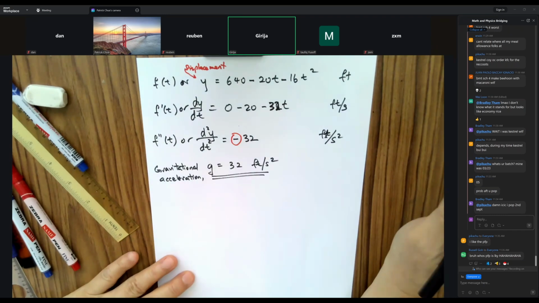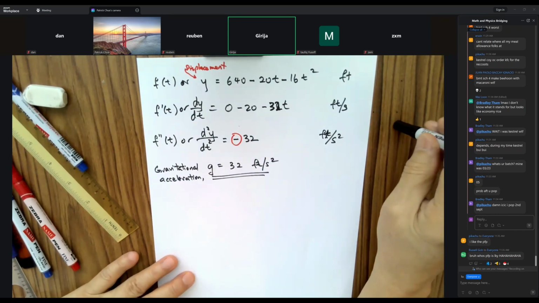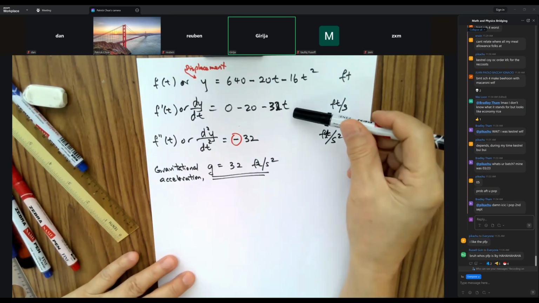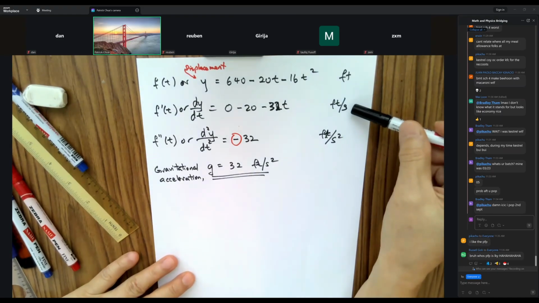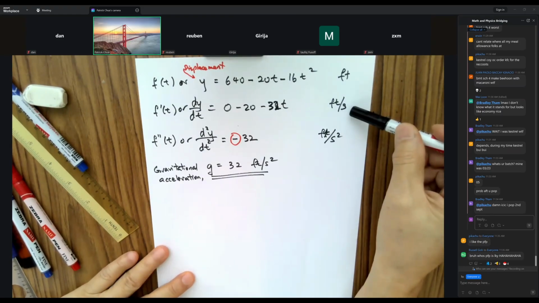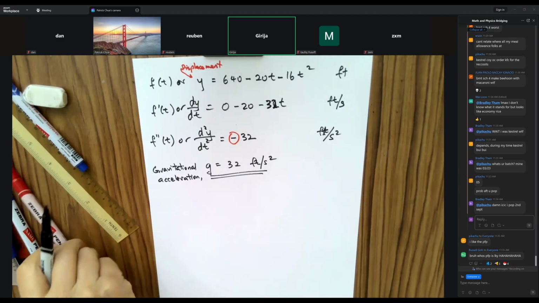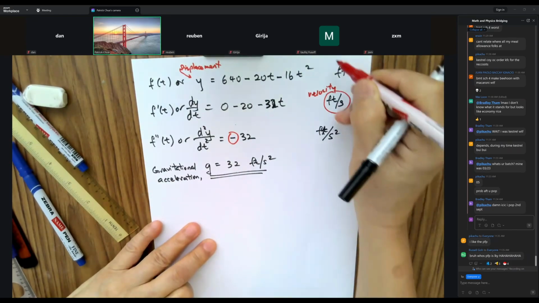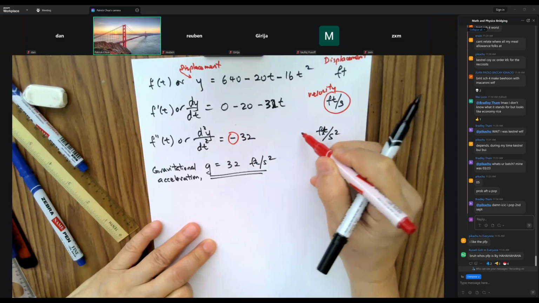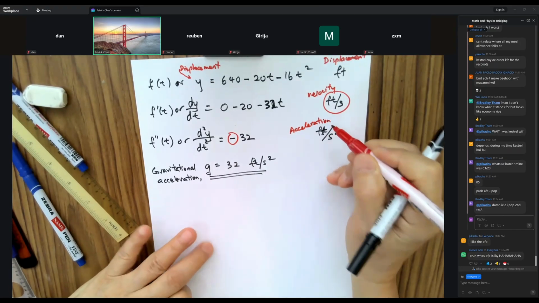Once you differentiate it the first time, the dy over dt, that's supposed to be your velocity, correct? Correct. Feet per second is velocity, or meters per second in SI unit. So that is velocity. This is displacement. This is acceleration. Feet per second squared is acceleration.